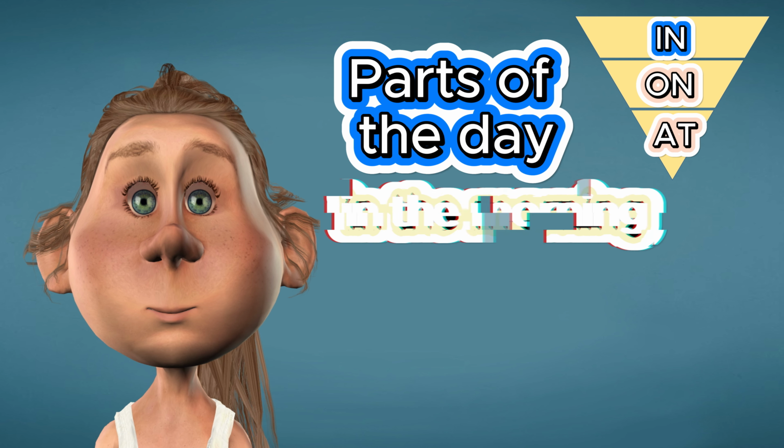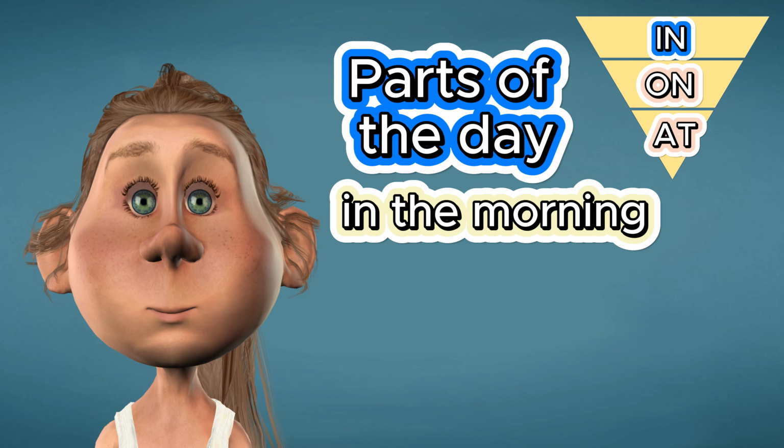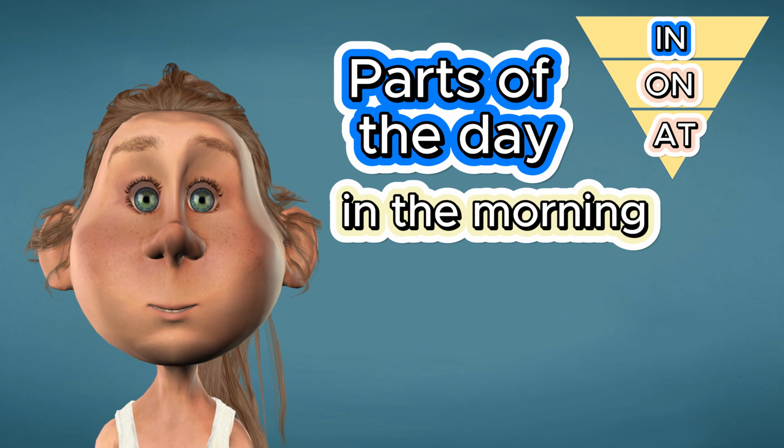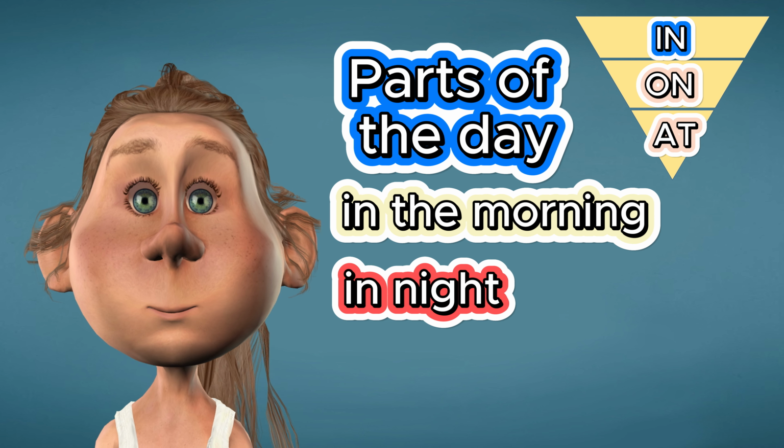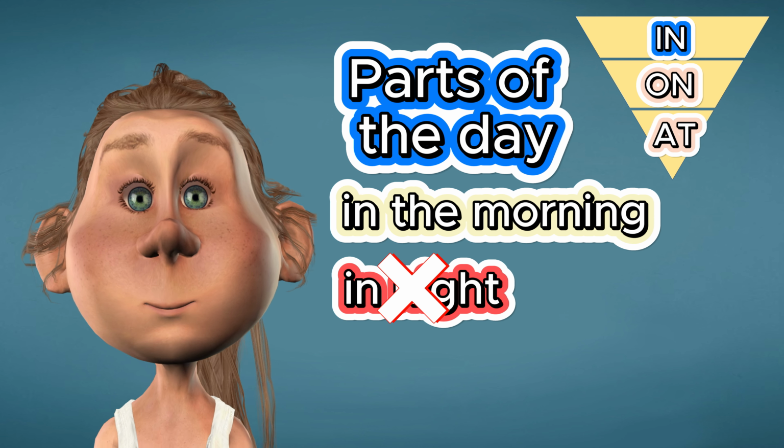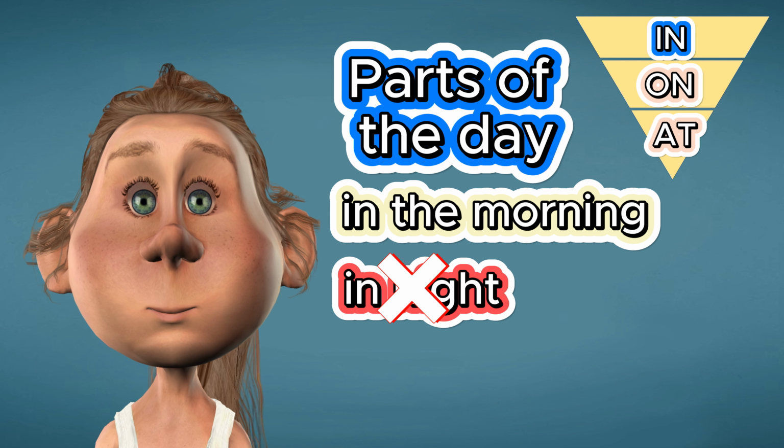Example, in the morning. That's general because we don't know what time in the morning. In the afternoon, in the evening. But we cannot say in night. That's not grammatical.